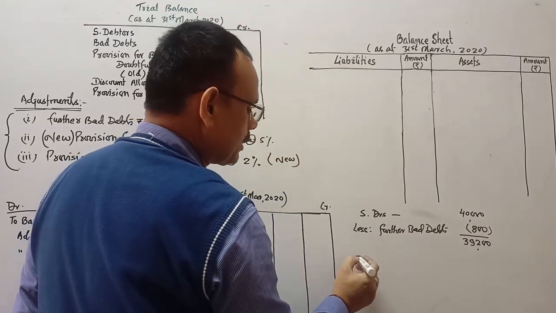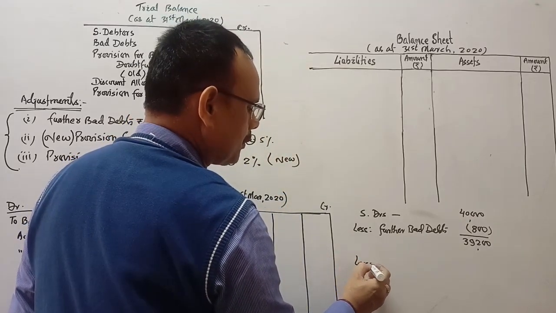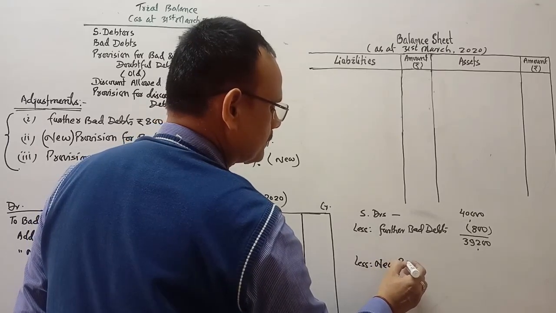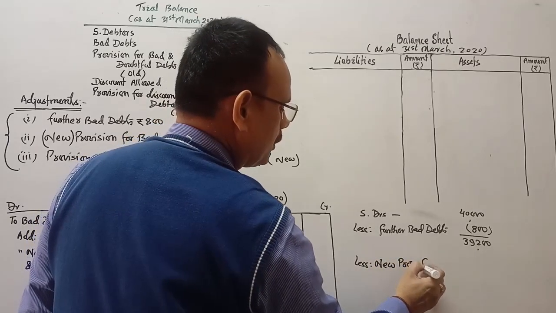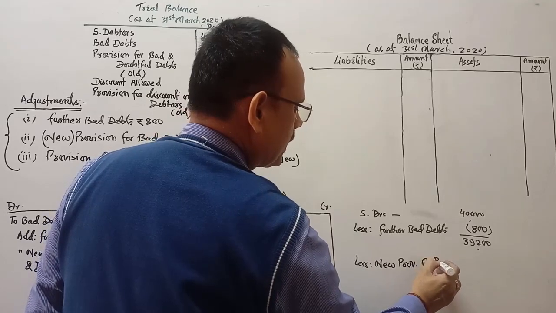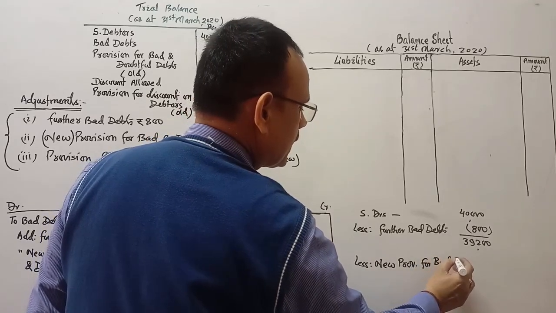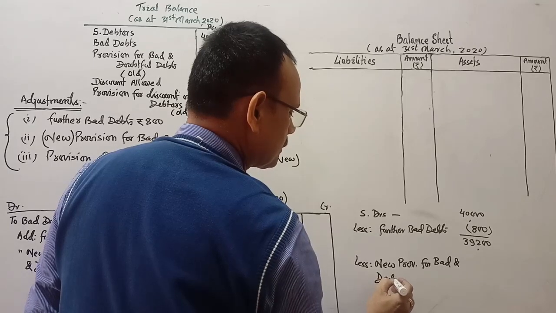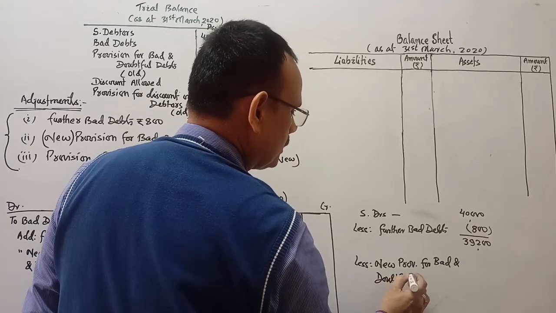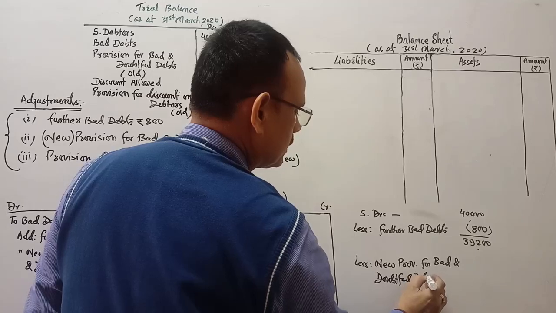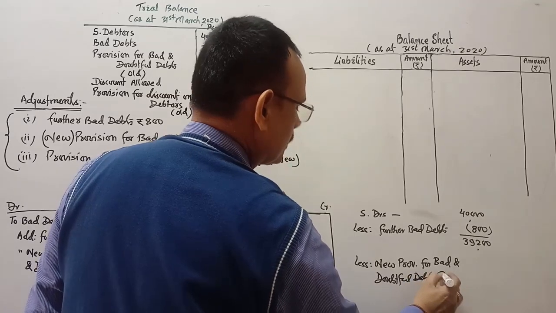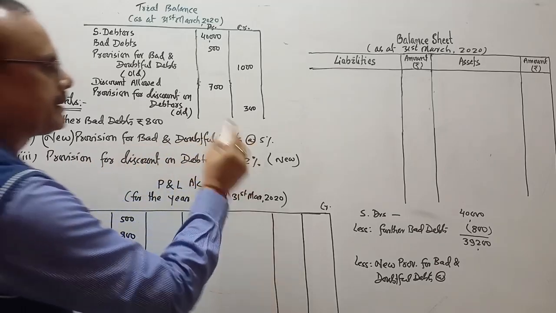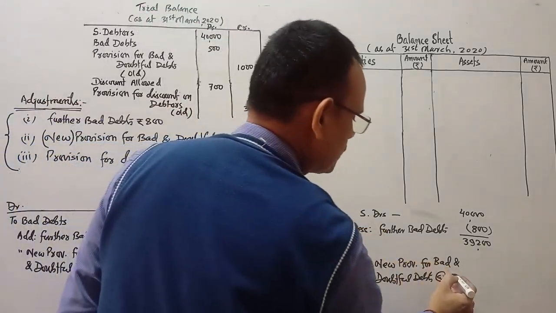Okay. Now we will calculate the new provision for bad and doubtful debts at the rate of 5%.